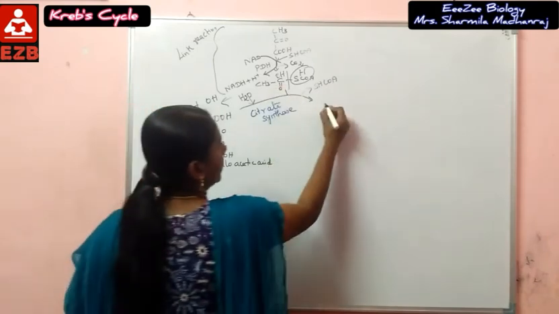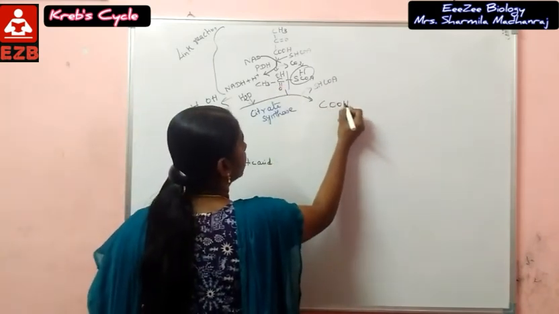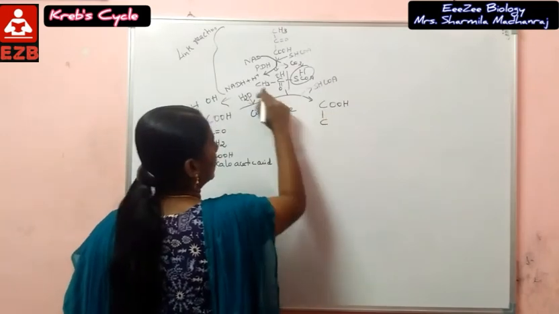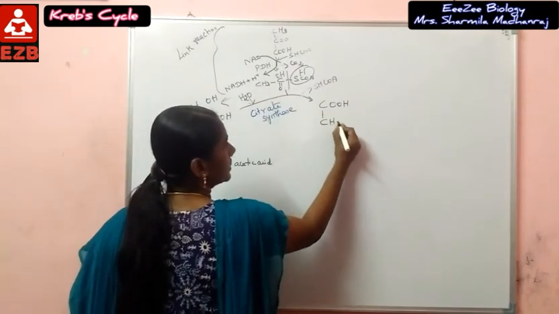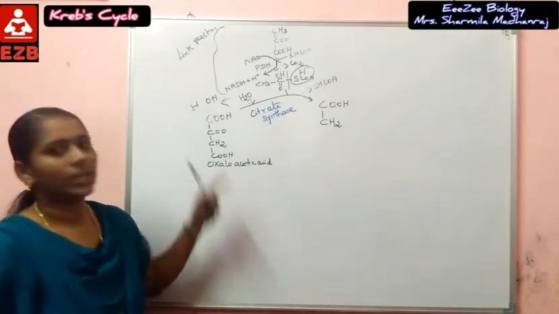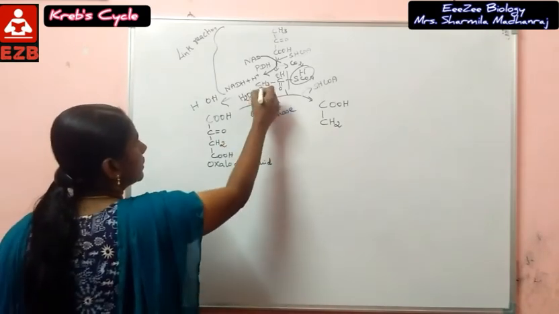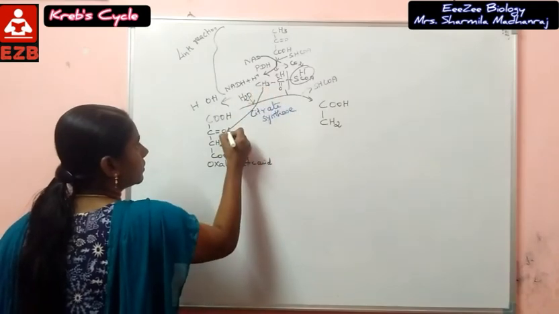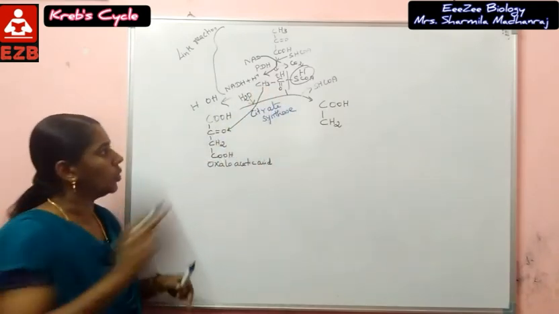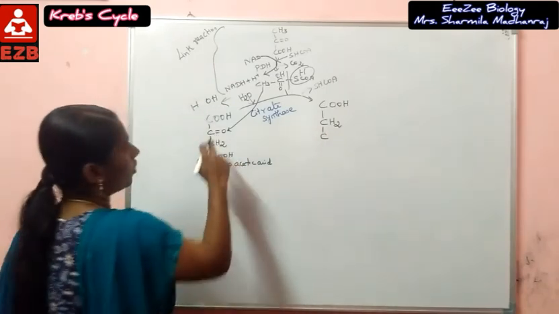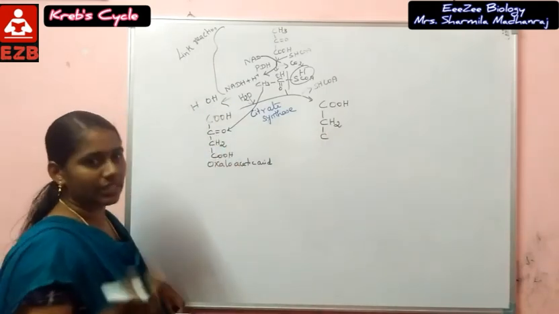So COOH, then CH3 is converted to CH2, the remaining hydrogen enters this carbon atom, so the double bond is converted to a single bond.